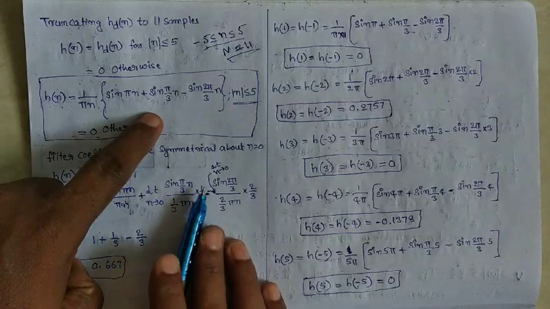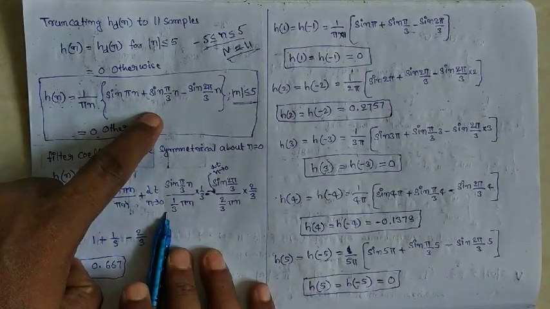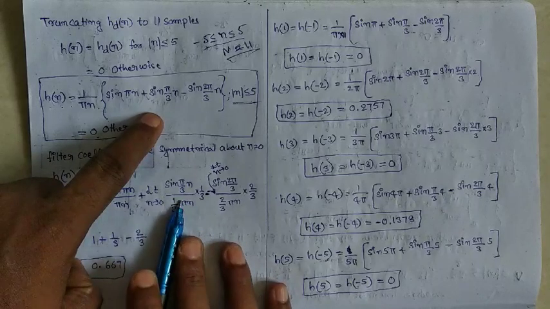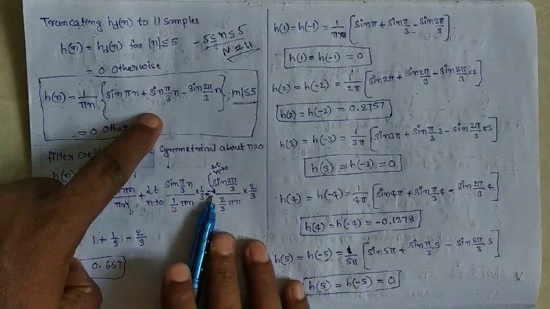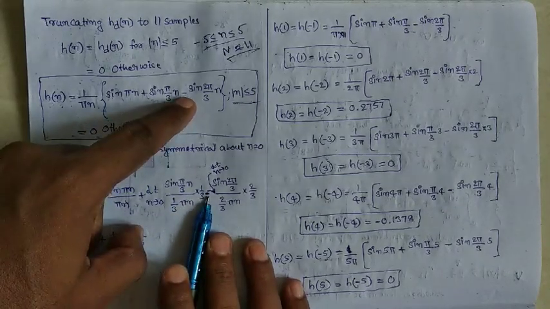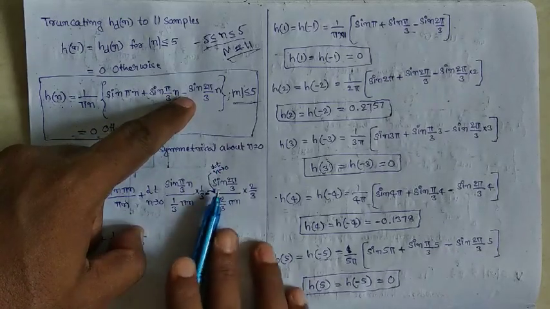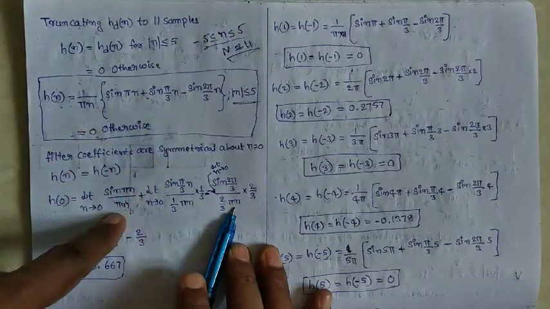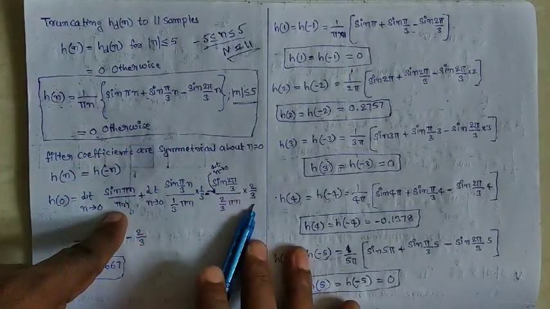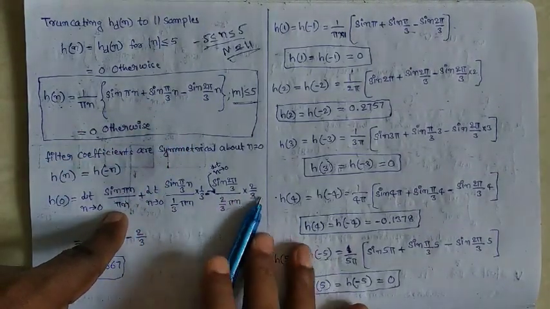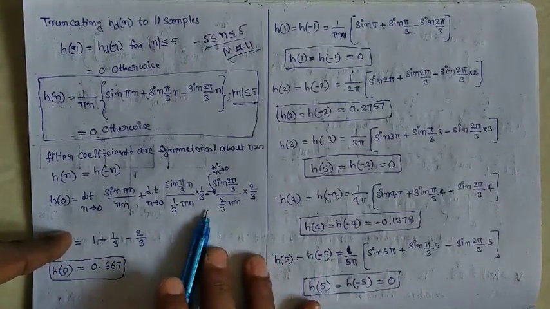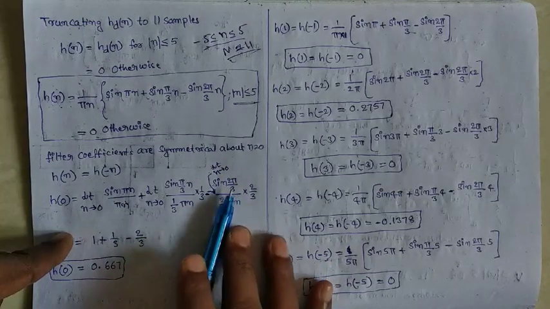Here we are multiplying by 1 by 3 and dividing by 1 by 3, converting this into our convenient form. Then minus limit n tends to 0 of sin 2 pi by 3 n by pi n. Here we are multiplying by 2 by 3 and dividing by 2 by 3. This becomes our convenient form.